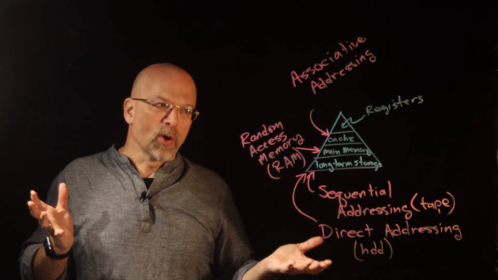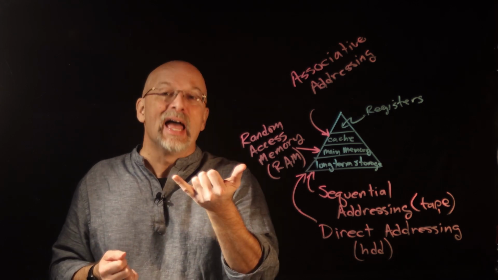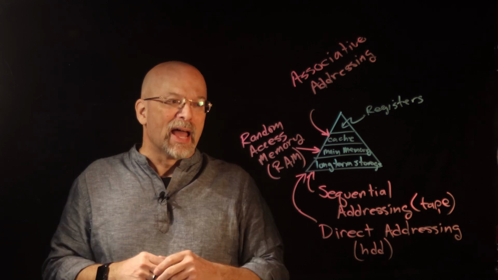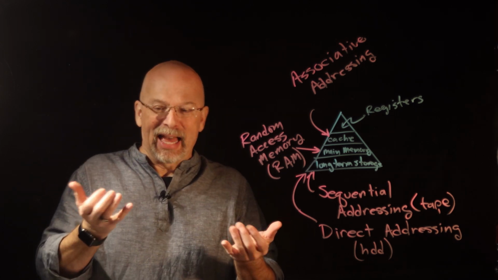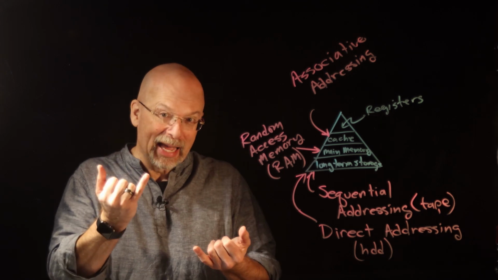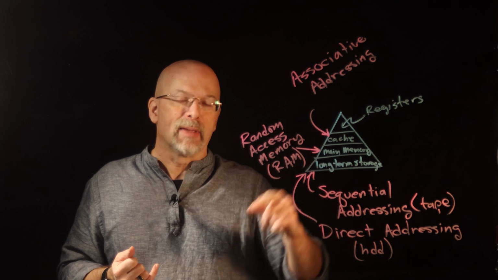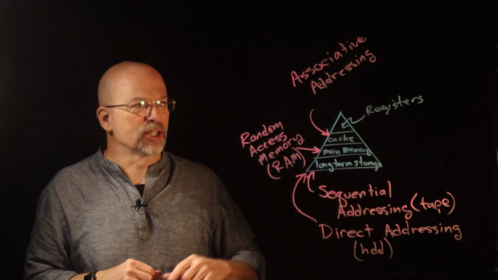So when I'm storing data in a cache, I'm actually storing two pieces. I'm storing the data and I'm storing the address where it came from. And so I'm associating a tag in the cache with where it came from in main memory. We'll get a little bit deeper into that when we start talking about caches.